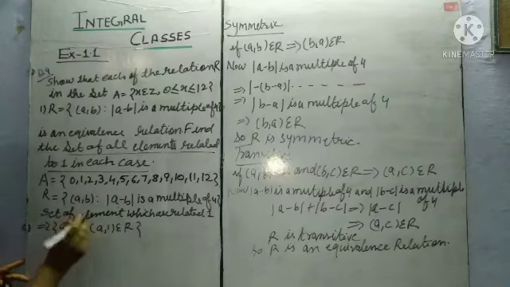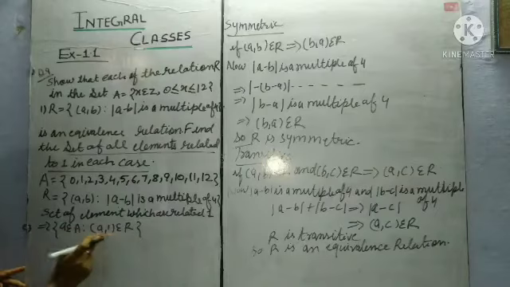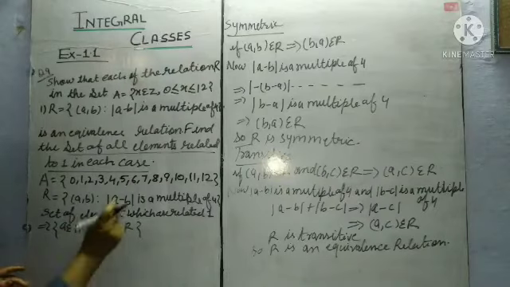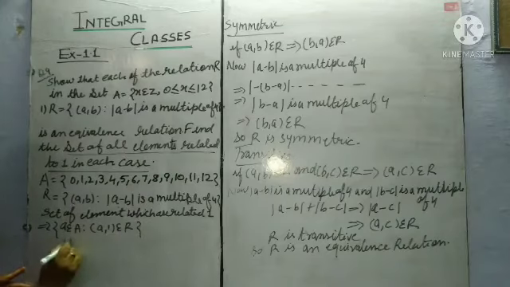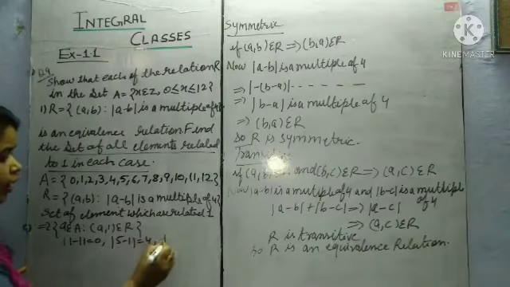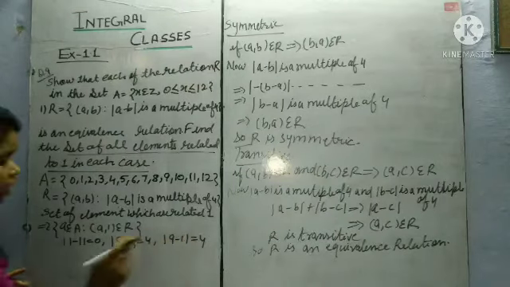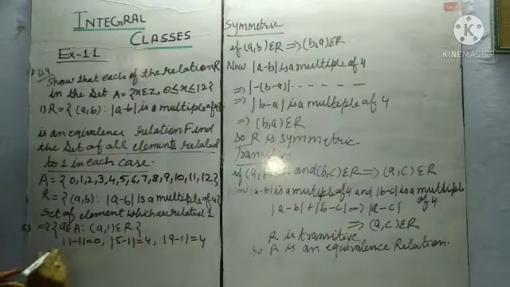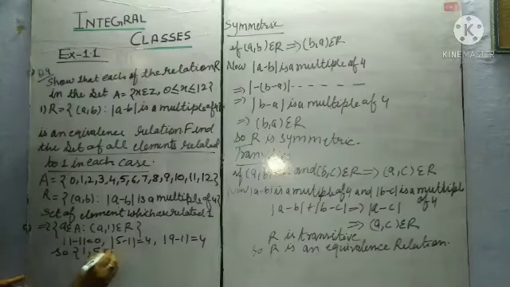It is not a multiple of 4. Now again we will take 5. 5 minus 1 is equal to 4 and 9 minus 1 equal to 8, which all are multiples of 4. So the set {1, 5, 9} is the answer.